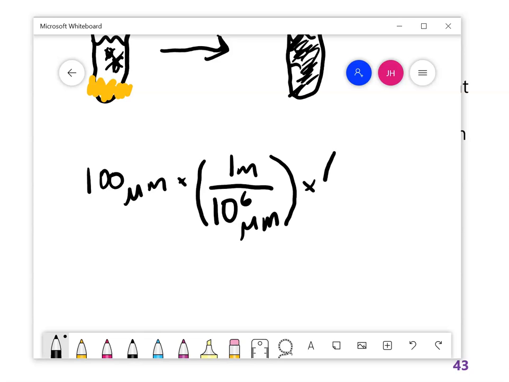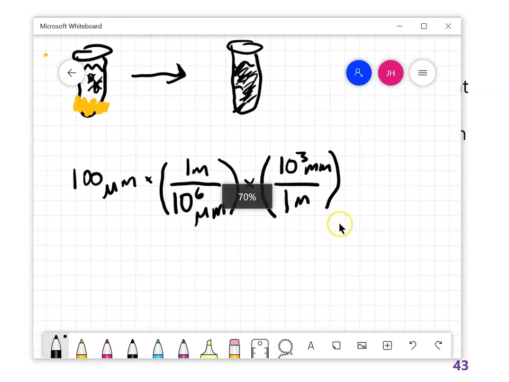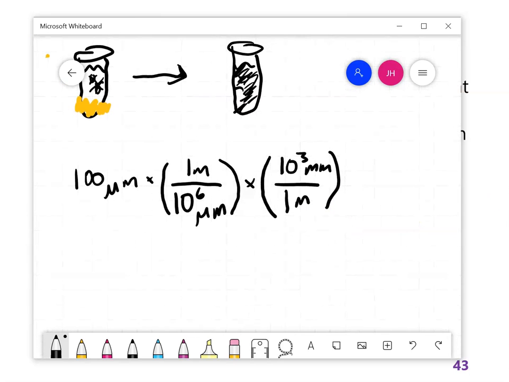And this will allow me to cancel out the units of micrometers, and I'll be left with meters. Then I can multiply by a conversion for millimeters. So I have 10 to the 3rd millimeters per meter. Right. And so that equals whatever it equals in millimeters, right?